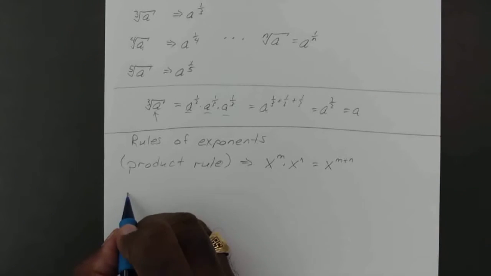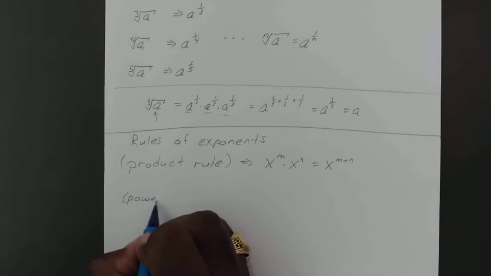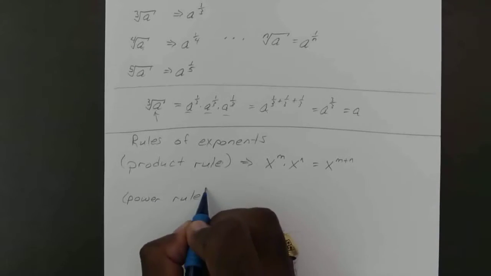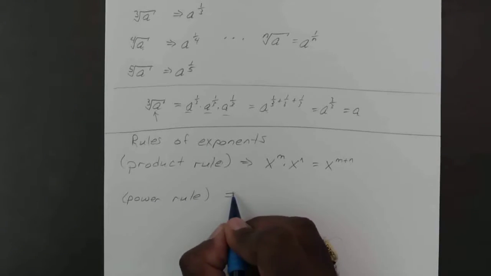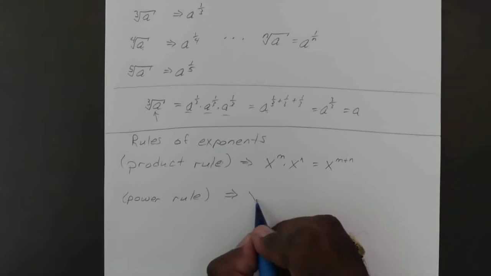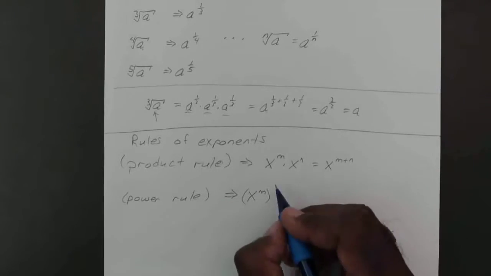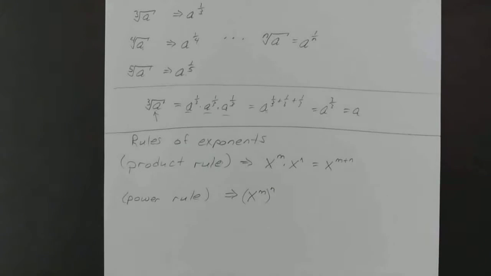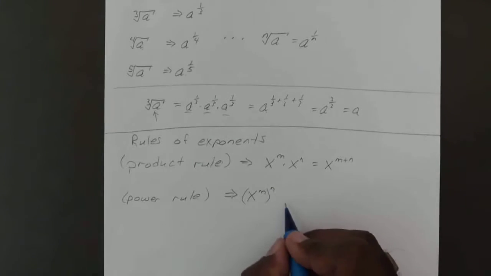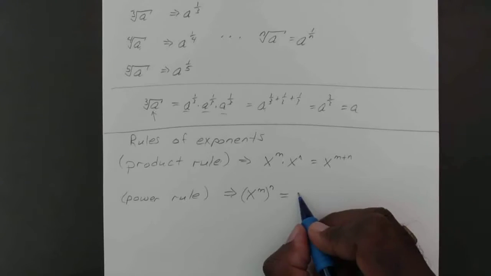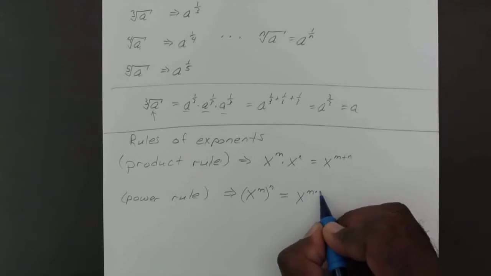Okay, now we have our power rule. Where if you have x to the power of m, and let's say you raise that entire thing to the power of n, then that's going to equal x to the m times n.